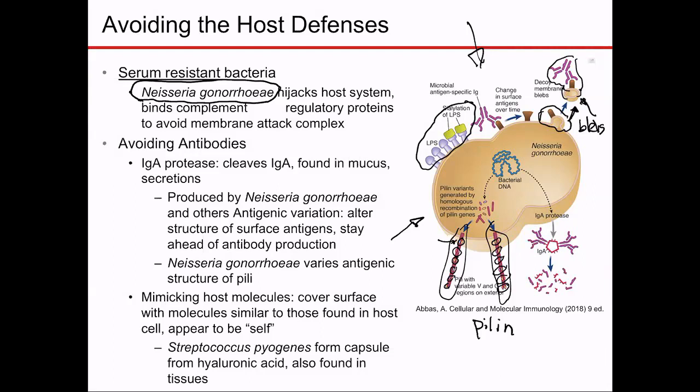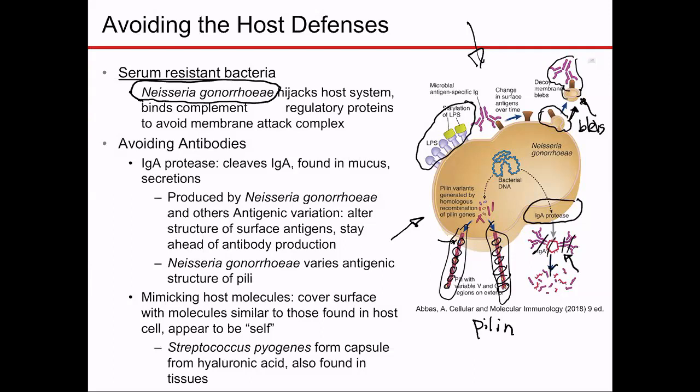And another important mechanism that this bacteria has is that it is able to produce an enzyme, an IgA protease, that will destroy the IgA that our body produces to neutralize that bacteria. Remember that IgA is the most important mucosal antibody on the surface of mucosal tissue.